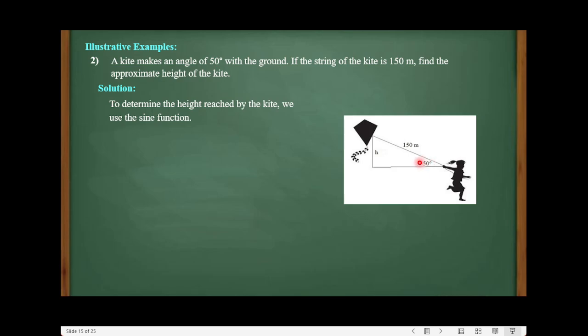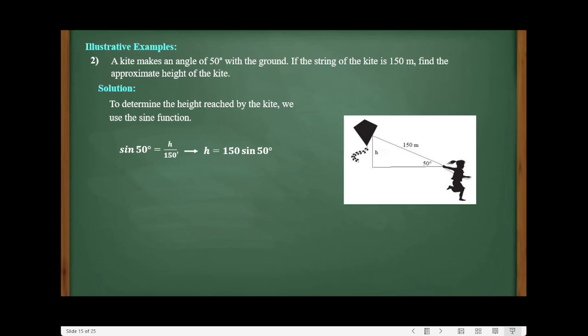In reference to this angle, the height reached by the kite is the opposite leg, and the length of the string, which is 150 meters, is your hypotenuse. So sine 50 degrees is equal to h over 150. Then you cross multiply these two to find the value of h. Therefore, h is equal to 150 times sine of 50 degrees.